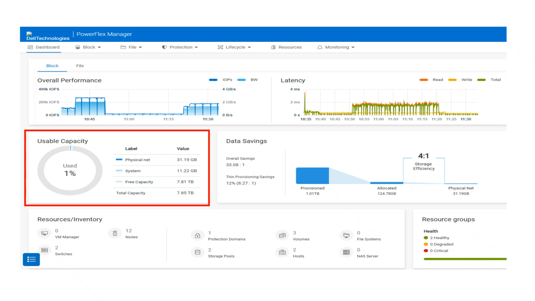System usage means normally it will be using some storage space for metadata, protection overhead, and some internal configuration. This is normal and expected in most storage devices.